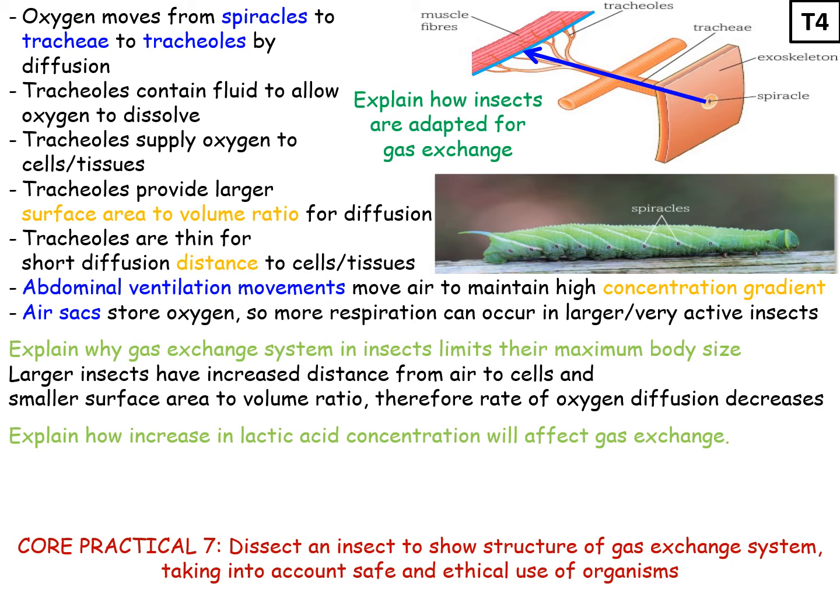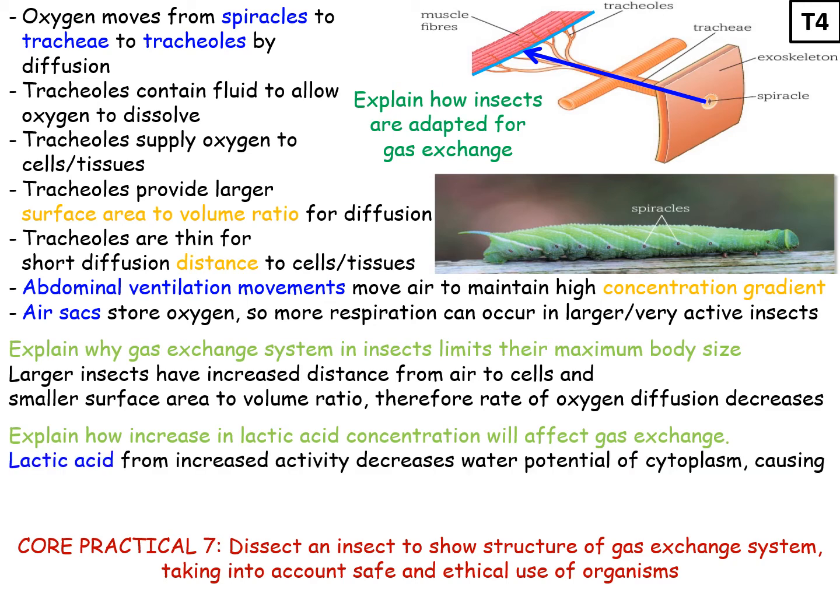Explain how increase in lactic acid concentration will affect gas exchange. Lactic acid from increased activity decreases the water potential of cytoplasm. So when the body cells, specifically muscles, are more active, they produce more lactic acid. And because lactic acid is a solute, that means the water potential of the cytoplasm will decrease.